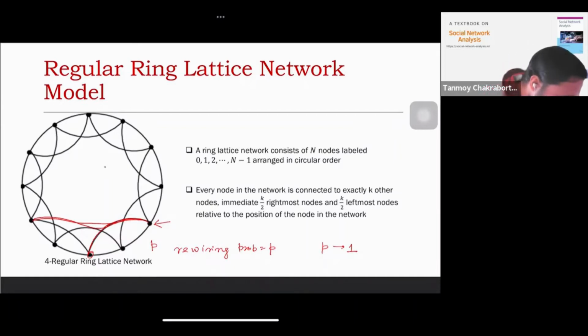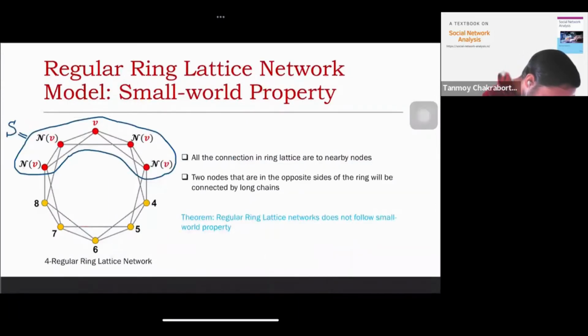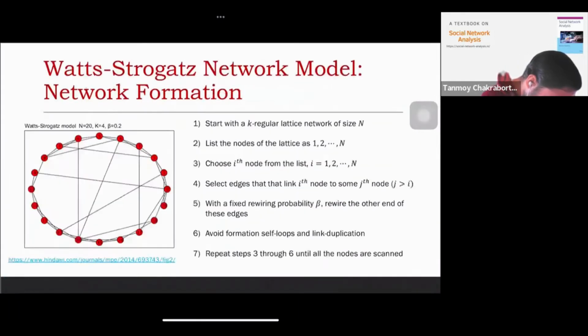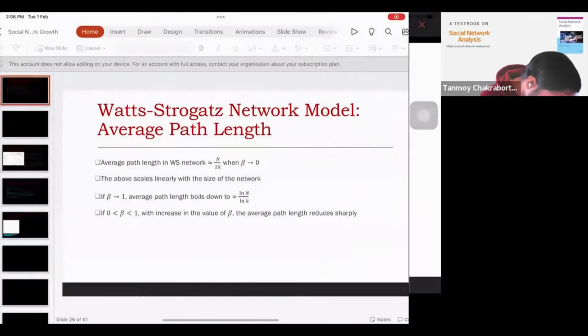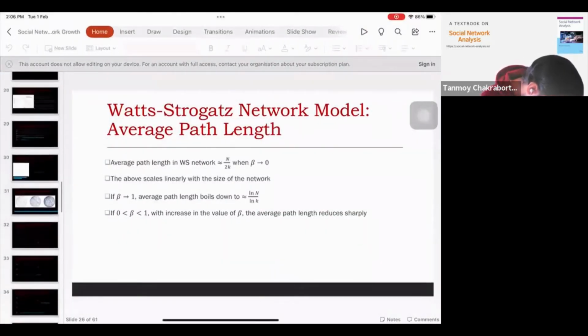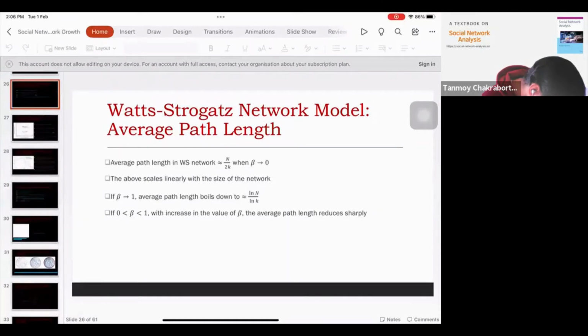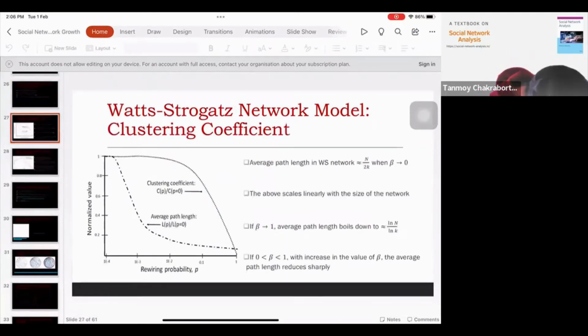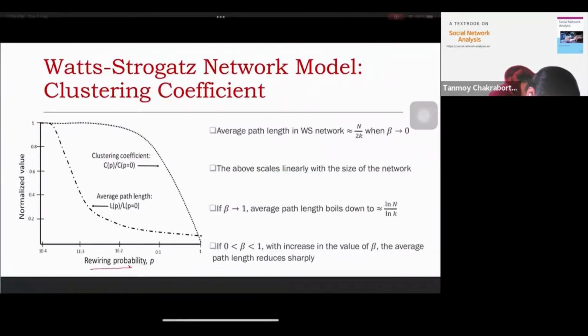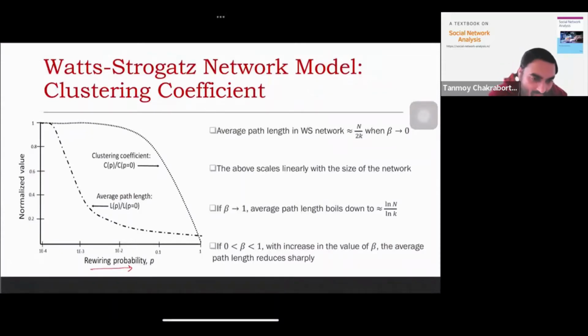Clear? So if you follow this kind of graph formation, you will see a structure like this. What is this? Let's look at it carefully. If you keep on rewiring and increase the probability of rewiring, the x-axis is the probability of rewiring edges, and the y-axis is some normalized value.